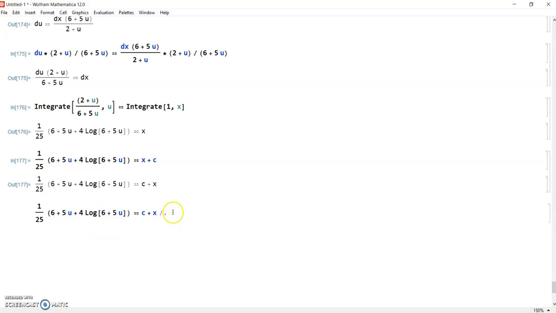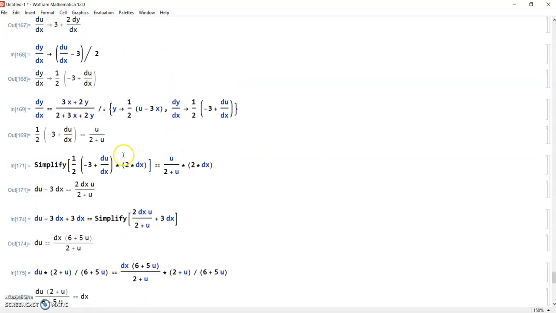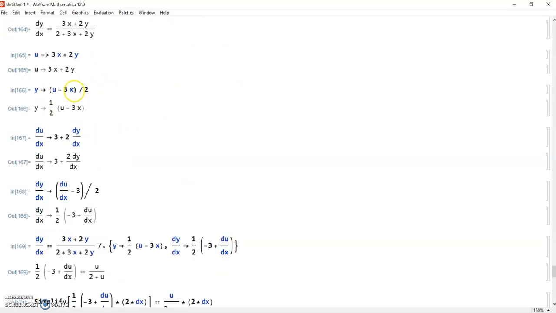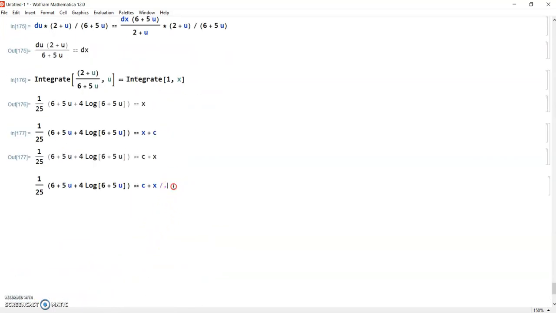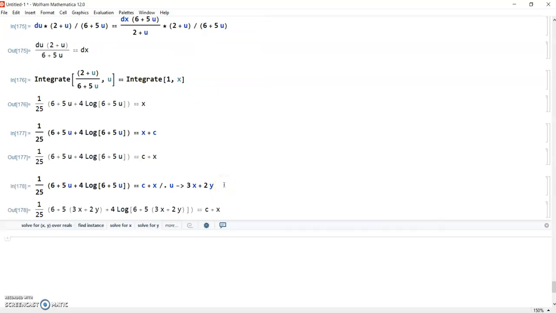So u was here 3x plus 2y. Yep. So I will shift enter. So I will get this. So this is the solution.